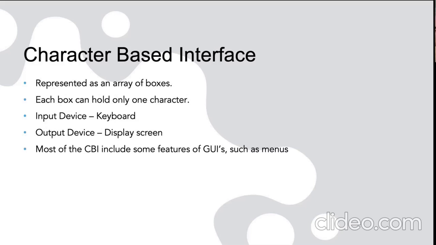Next, the display screen is like the output device that presents the array of boxes to the users. As users input characters via the keyboard, the corresponding characters are displayed on the screen. Next, unlike graphical interfaces, character-based interface primarily rely on text characters for output.